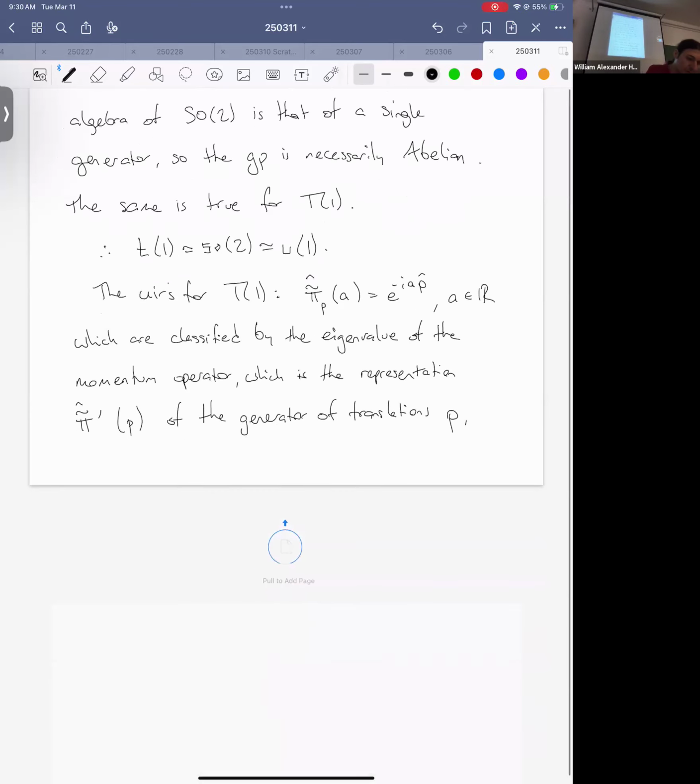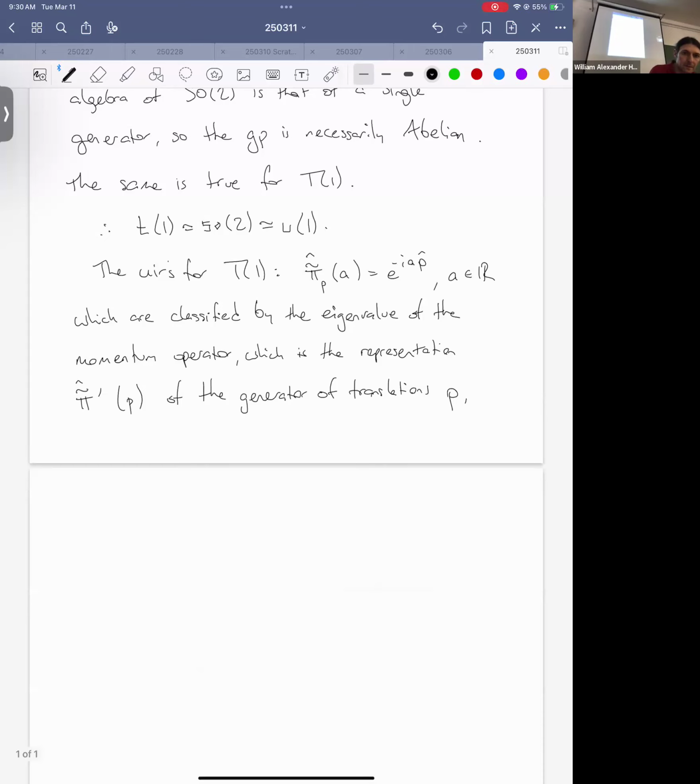And it's the eigenvalue of the momentum operator acting on the 1D complex vector space spanned by the eigenket P, where we have that, say, our P twiddle hat prime of P acting on P. It's a very complicated way of just writing P hat acting on P. And what do we get when P hat acts on P?